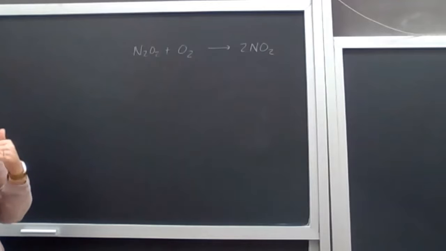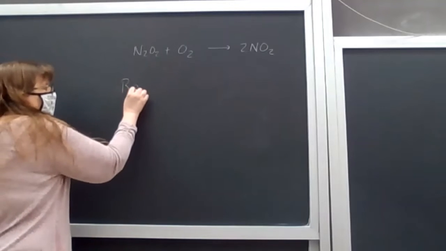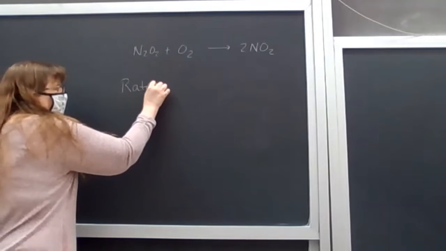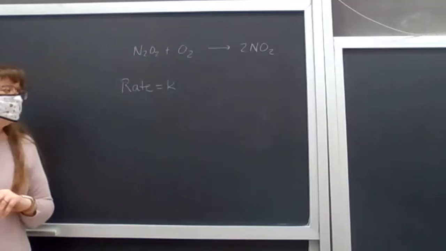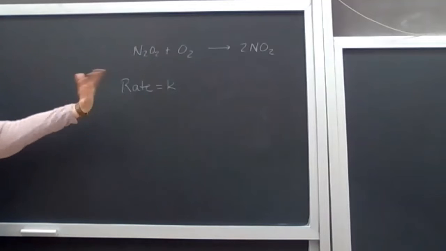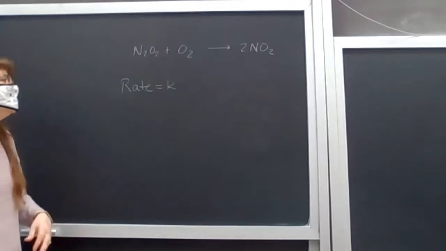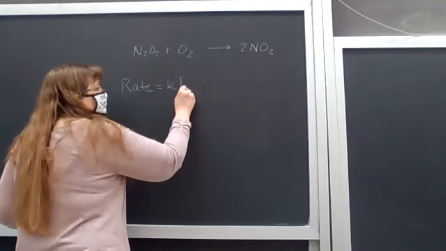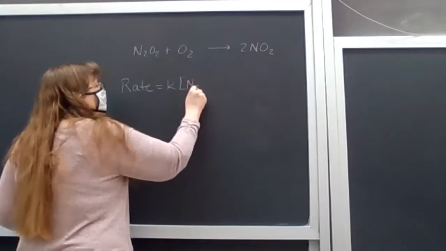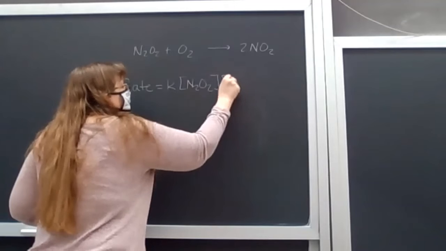When I have an elementary step, and I know it's an elementary step, I take my general formula for the rate law. Rate is equal to k times some concentrations. I'm always going to have k. Now it's labeled k2 in your packet because it's the second step, but it's just a k. And then I use each of the reactants. So, N2O2 times O2.